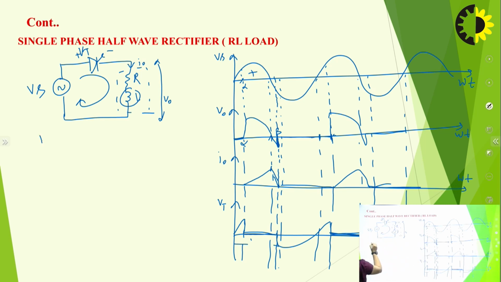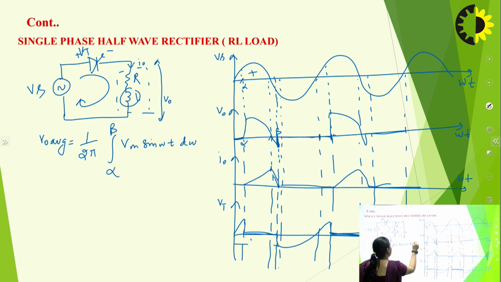So we can write V naught average will be equal to, again the time period, 1 upon 2 pi, and conduction will be now from alpha to beta, Vm sin omega t d omega t.